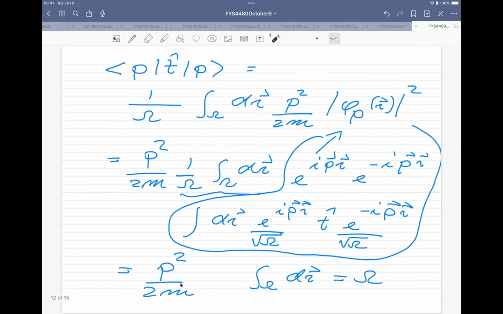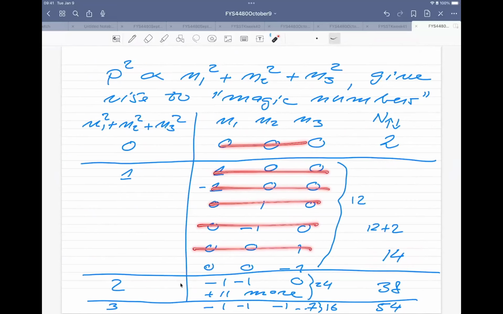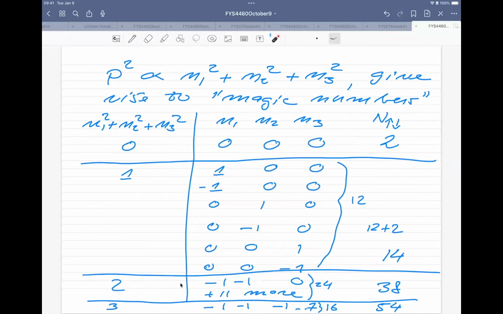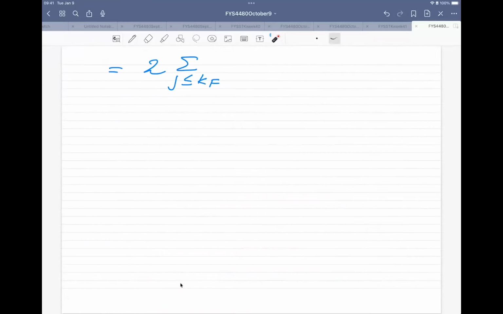So if I'm summing up states below the Fermi level, and if I have 14 particles in total, it means that I'm summing over all these sets of quantum numbers which you see here. That makes sense? So that summation J less than or equal to Kf means that I'm summing over these combinations of N1, N2, and N3. So that's why I can write it like this.